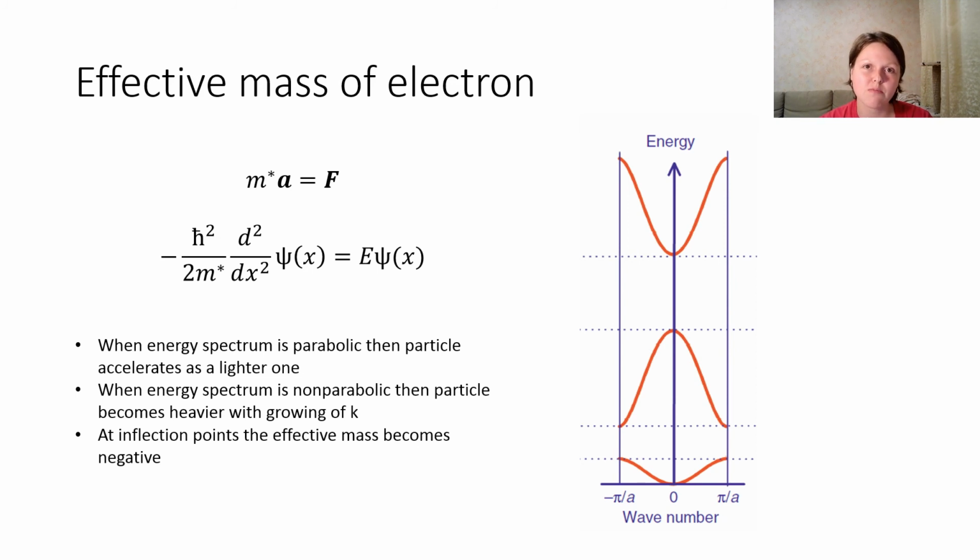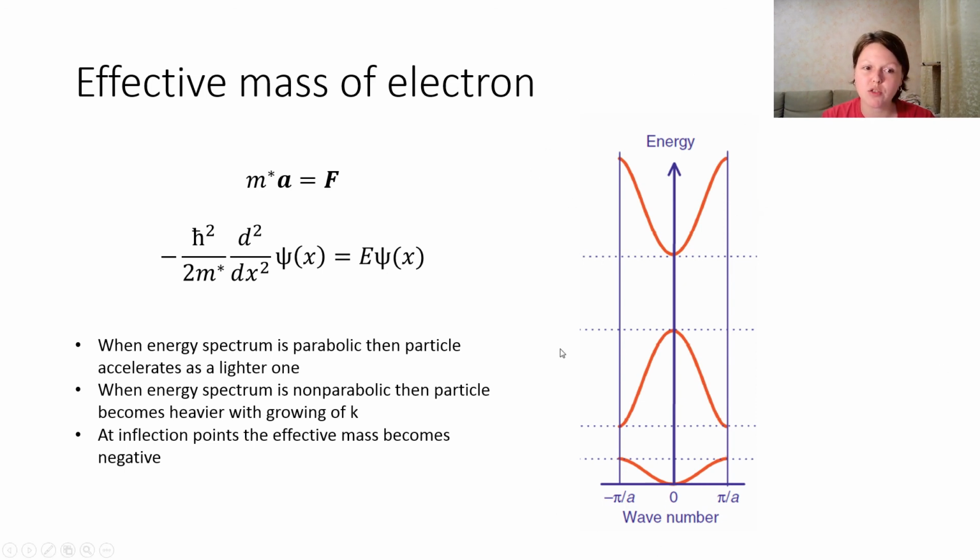Instead of the mass of the free electron, we use the effective mass. The effective mass is a reaction of the particle to the external force F. So a particle in the periodic potential can sometimes be lighter than in free space, and sometimes it can be heavier than in free space. What does it mean? Please look at the energy spectrum.